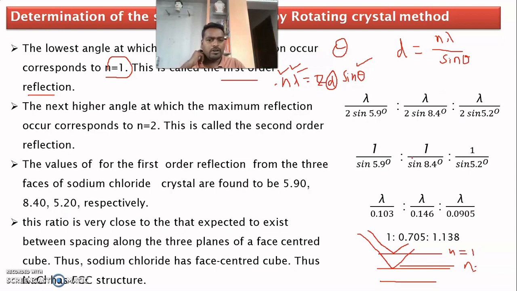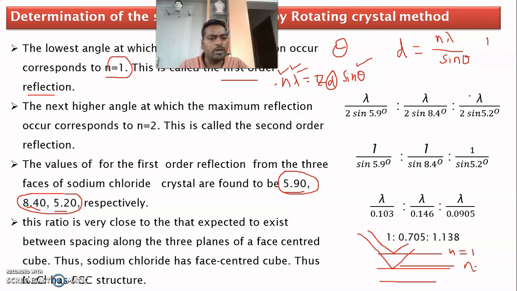From the experiments we have got the diffracting angles, 5.9, 8.4, 5.2 degrees. These are the diffracting angles obtained in different crystalline planes. Now if you substitute the value of theta in this equation, n is equal to 1. Generally we consider the reflection in the first order, so n is equal to 1.